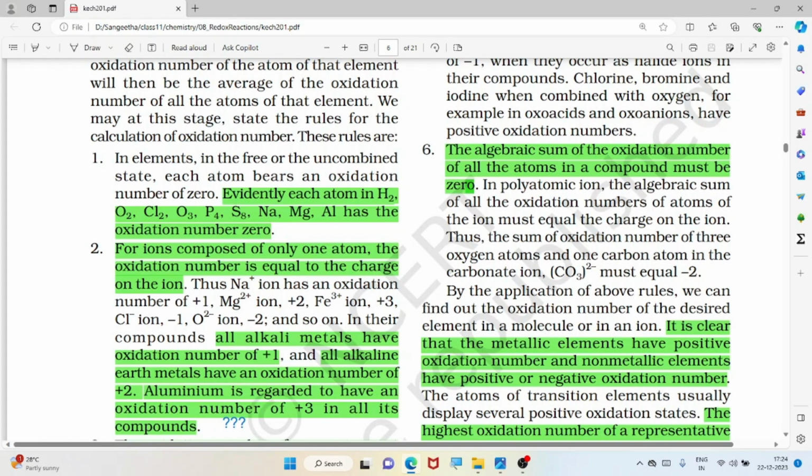Rule number 1: in elements in the free or uncombined state, each atom bears an oxidation number of 0. Evidently, each atom in H2 has the oxidation number of 0. This is rule 1.